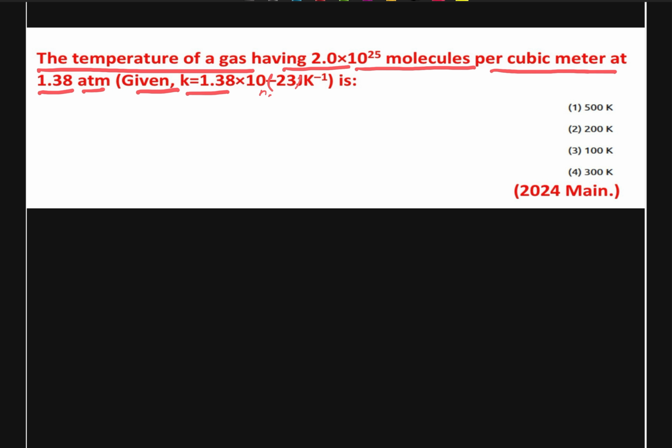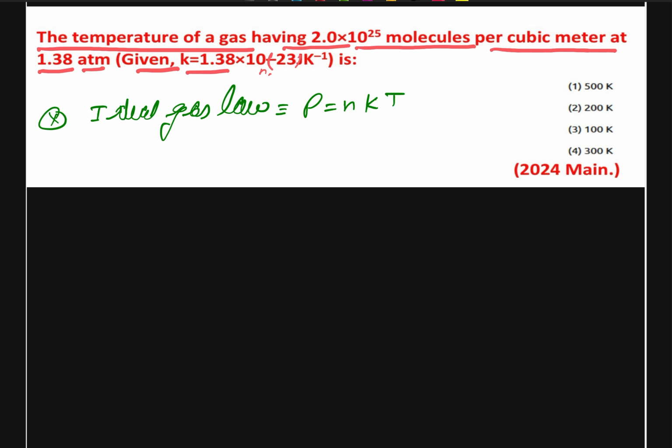So we have that our ideal gas law gives us that P is equal to n k times T, where n is our number density.